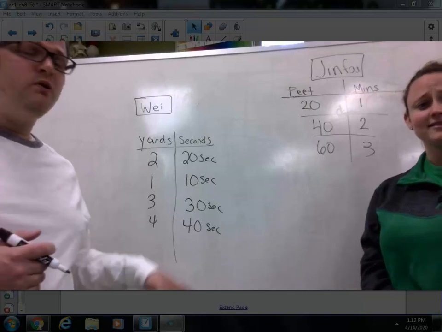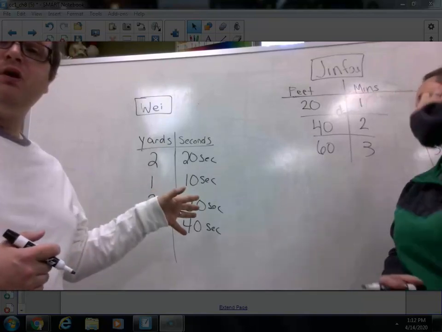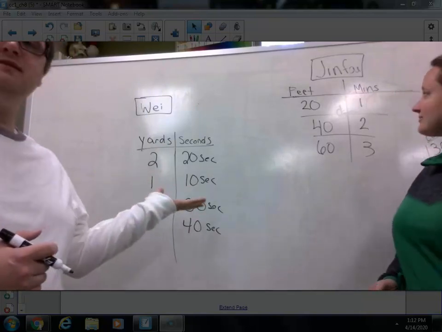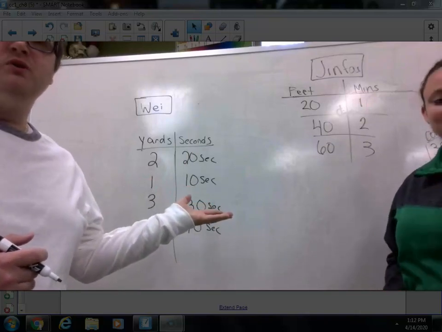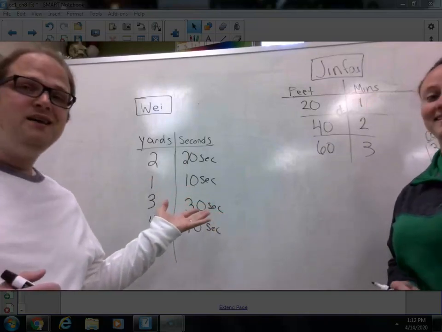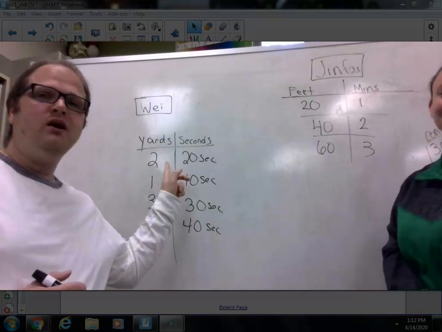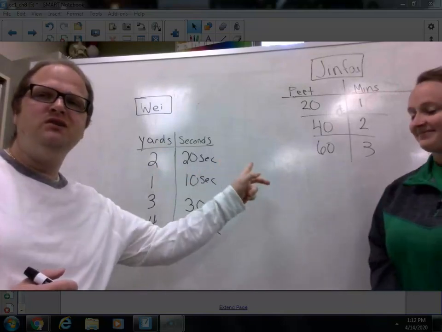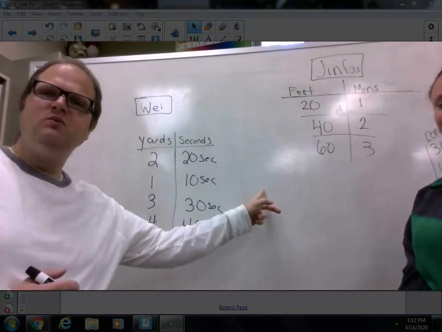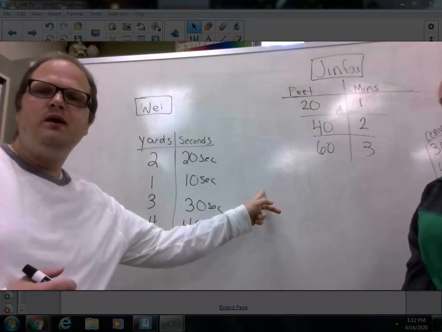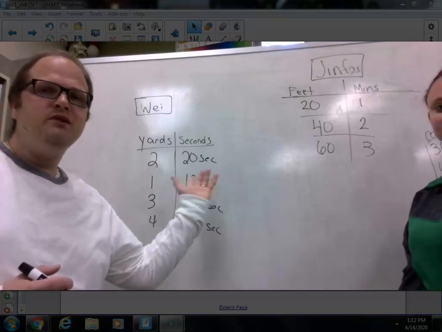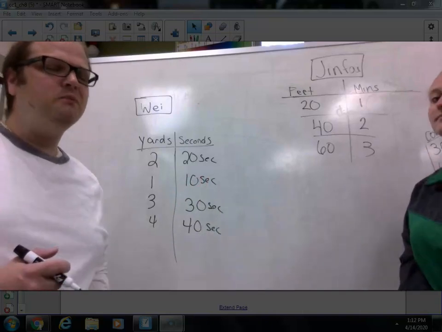So we have a problem. We both did a table for our gerbil, and we both have correct tables. But you are going to notice that Wei is comparing yards and seconds, like Miss Lanza said, and GenFi is feet and minutes. So we have to think about how we can compare apples to apples and not apples to oranges, like they said in the problem.